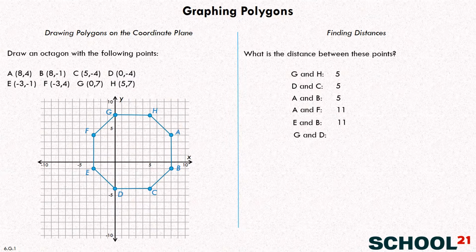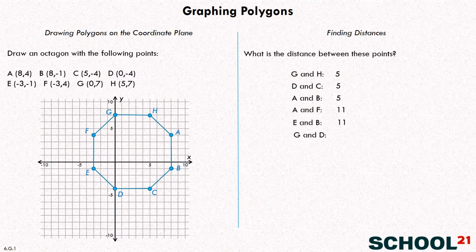And then how about between G and D? So G is way up here and D is down here. Can you use that same trick? 12. Well, let's see. You tried to count all of the grids? Let me give you a clue.